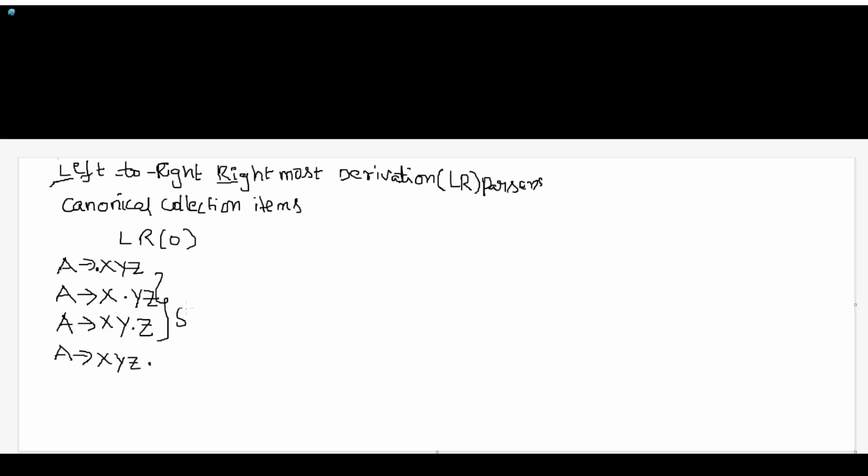All these are shift actions, meaning we are shifting the dot to the next input symbol, whereas reaching the end of the production rule is called a reduce action.